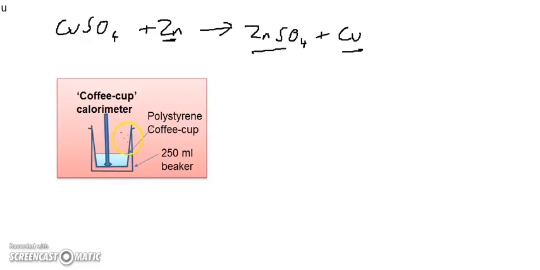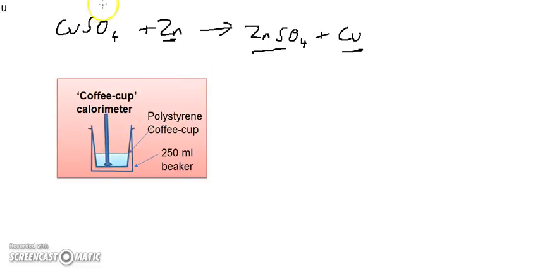The apparatus you're going to use is a coffee cup calorimeter, which consists of a polystyrene coffee cup sitting in a 250 milliliter beaker, and inside the coffee cup you're going to put copper sulfate solution and zinc powder, and then you're going to stir it with a thermometer and measure the temperature rise.